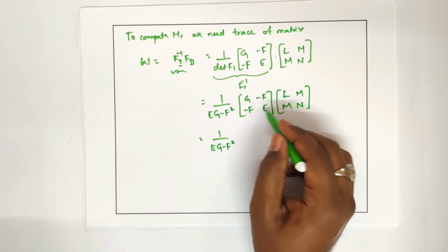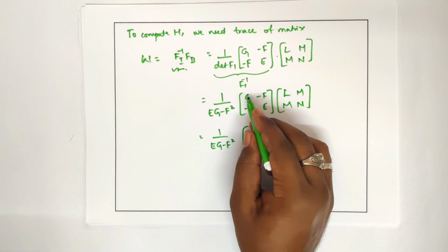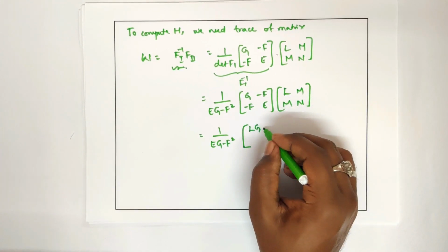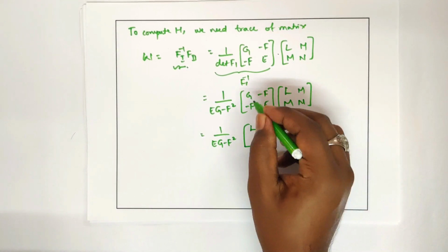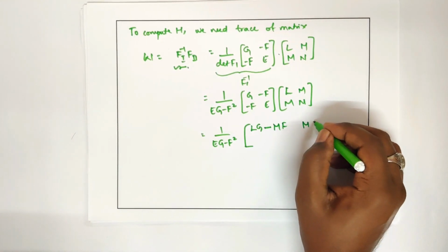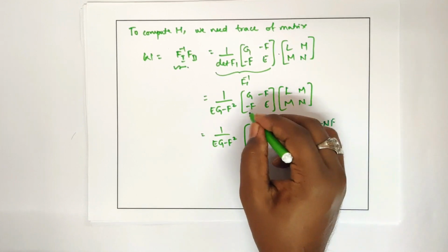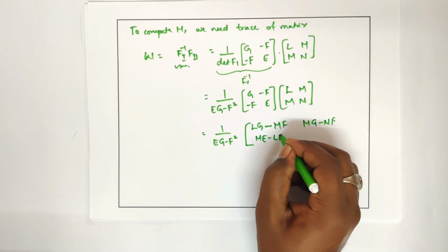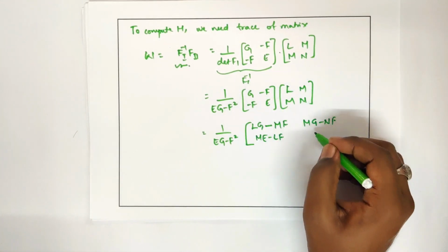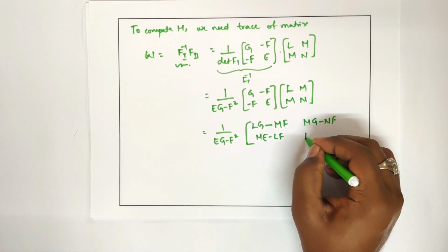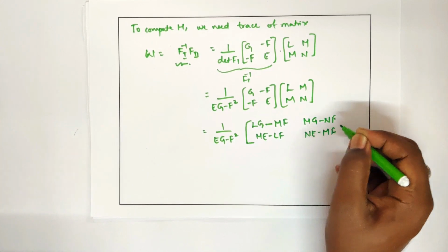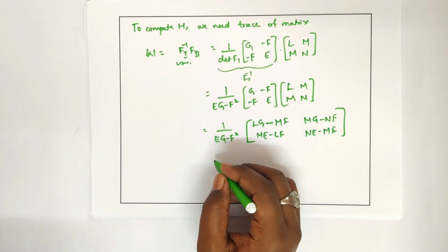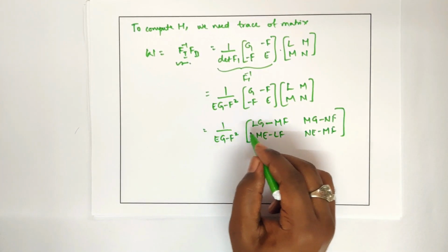We will get a 2 cross 2 matrix of LG minus MF, MG minus NF, ME minus LF, and for the second row and second column, NE minus MF.